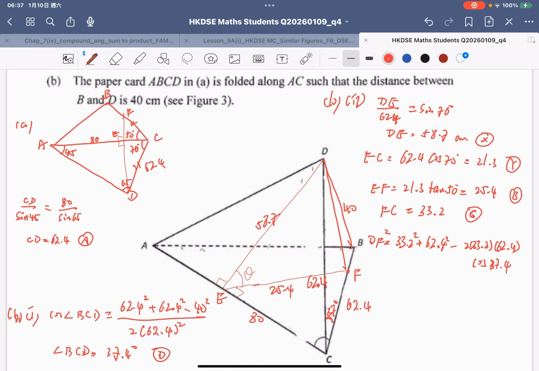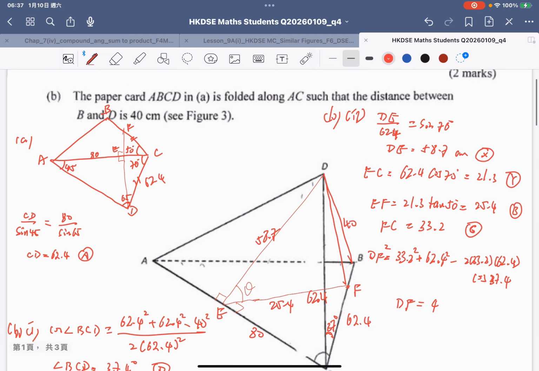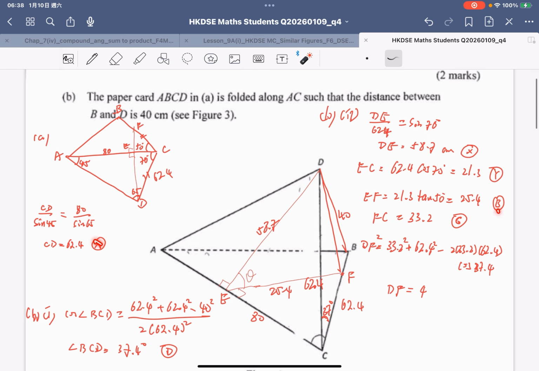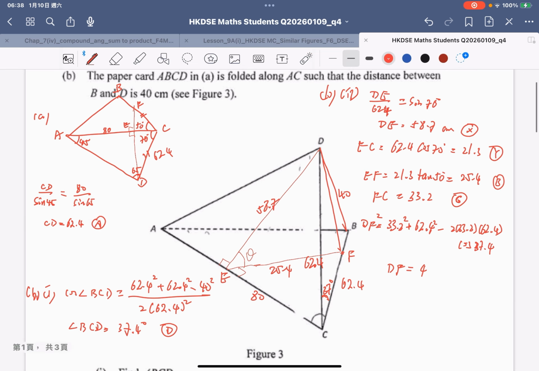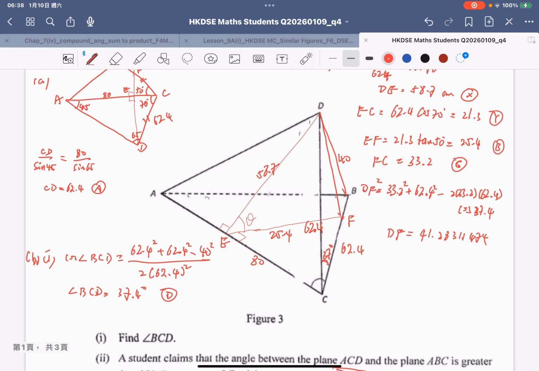Then we have DF equals 41.28311474. You can see that I don't have enough space to store A, B, C, D, X, Y. All the store memory is used, and therefore for the final DF I have to write down all the decimals.